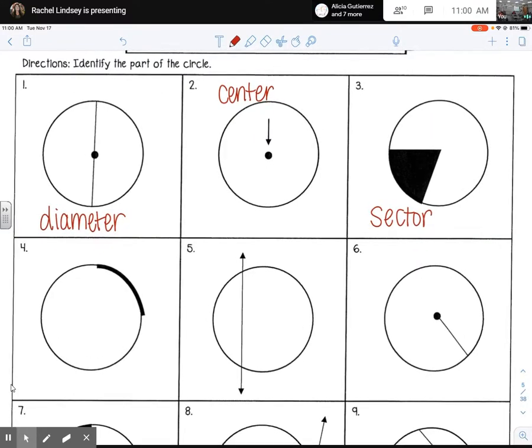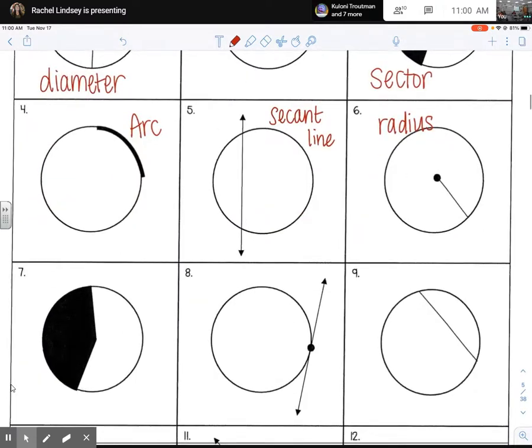What's that on number 4? An arc. Number 5? Secant line. Number 6? Radius. Yep. Seven?